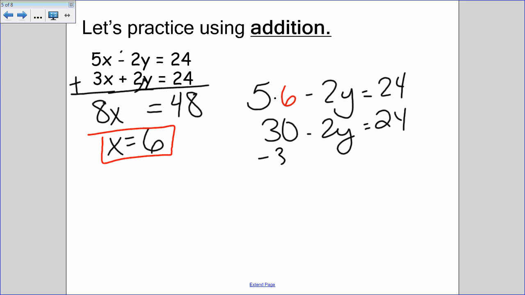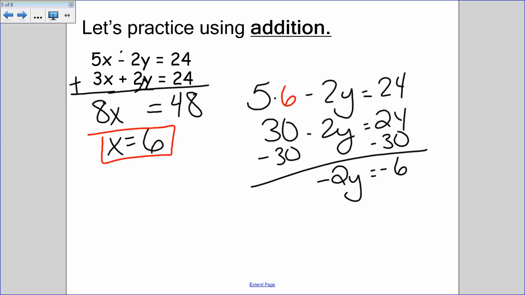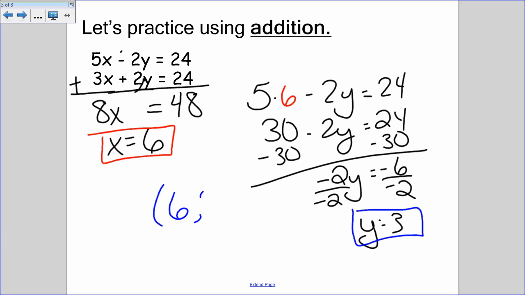You subtract 30 from both sides of your equation, and you're left with negative 2y equals negative 6. Okay, if you divide by negative 2 on both sides, you get y equals 3. Okay, so our solution is the point 6, comma 3 on our coordinate plane.